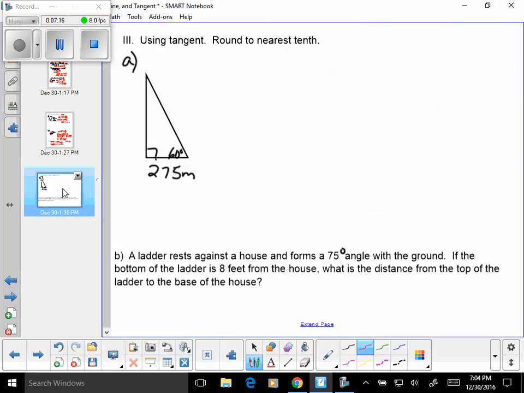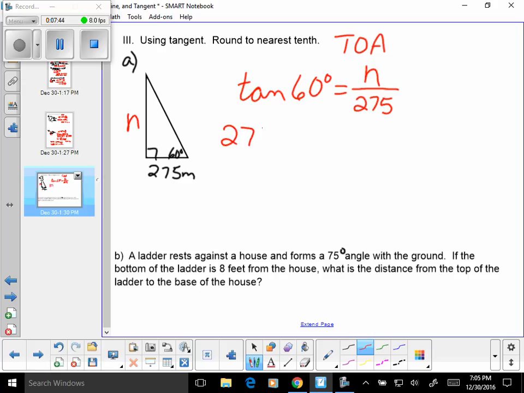Then we're going to move on to tangent. Now remember that tangent is the TOA. That's the opposite over the adjacent. And in this case, I don't know the opposite to the 60-degree angle. So the tangent of the 60-degree angle is going to equal n over 275.